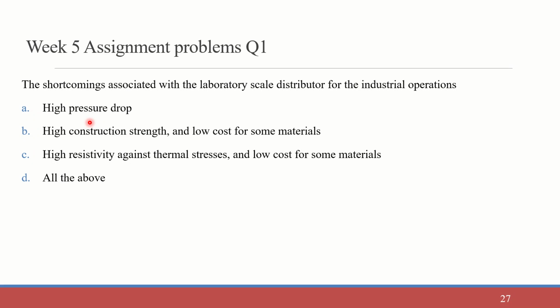Similarly option C is false. High resistivity against thermal stresses would be an advantage, but this is absent. In general they offer low resistivity against thermal stresses and the cost for materials would be high. So the answer is option A, high pressure drop.